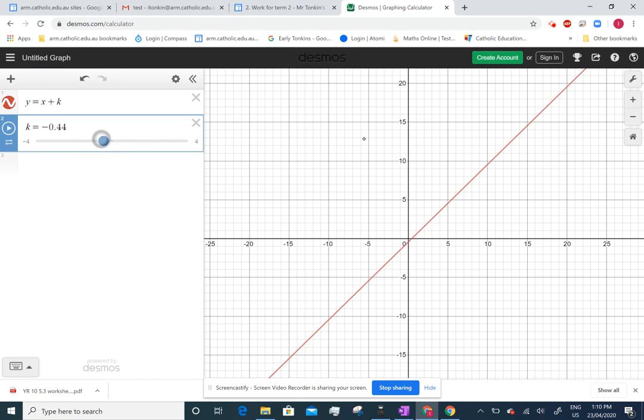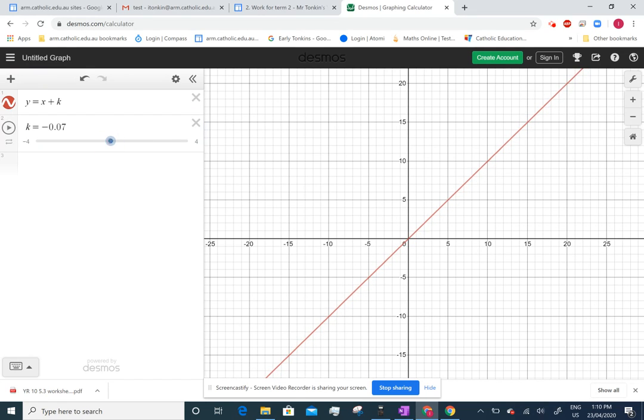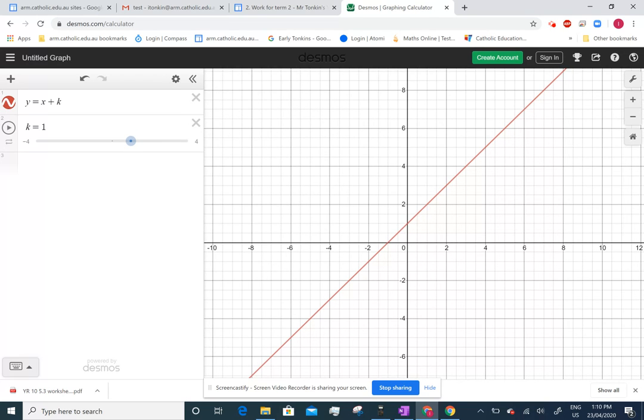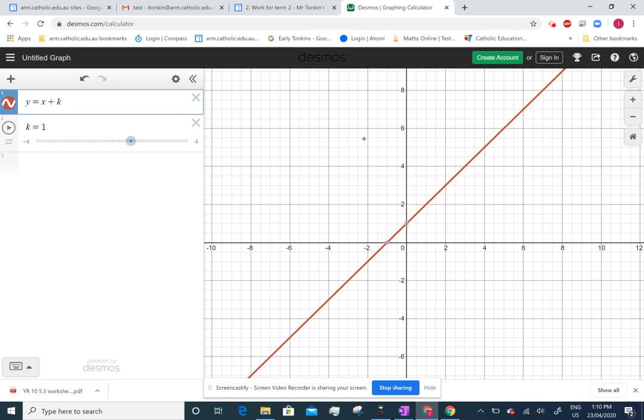So if we put it to 0, k equals 0, that's just our standard line, y equals x. If we put it to 1, or close to 1, it goes through 0, 1.